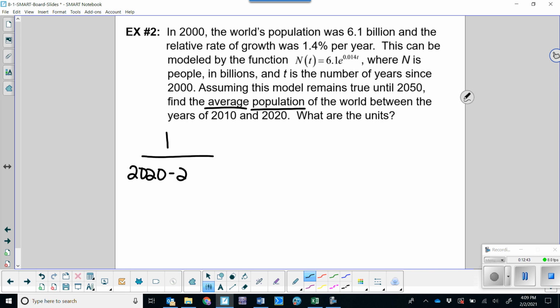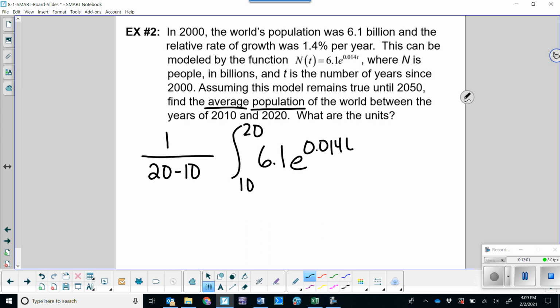So it's 1 over 2020 minus 2010 times the integral, or actually T is the number of years since 2000, so we're only using 20 minus 10. The interval, then we're going to integrate from 10 to 20 of this function, 6.1 e to the 0.014t dt.